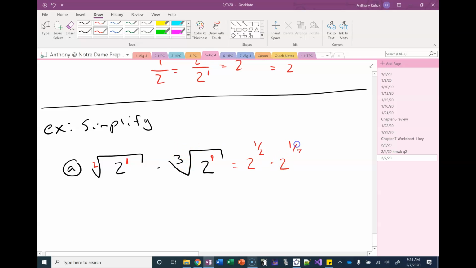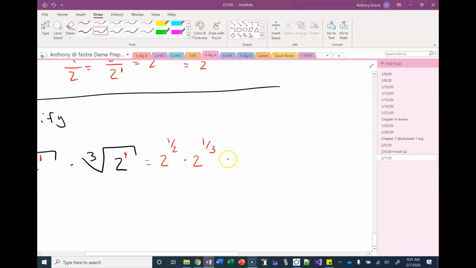So that becomes 2 to the 1/3. Is everybody okay there? I can then use my first property of radicals to rewrite this as 2 to the 1/2 plus 1/3.